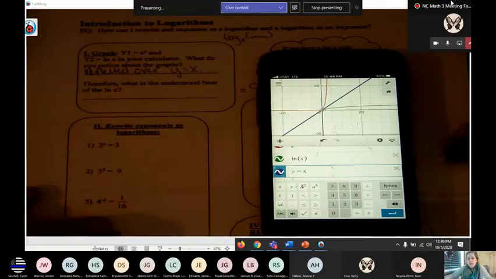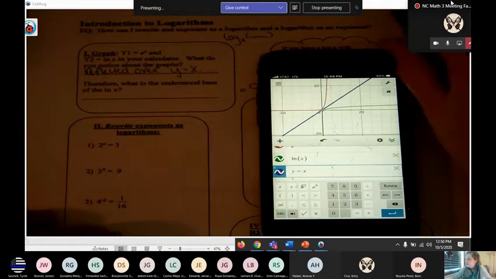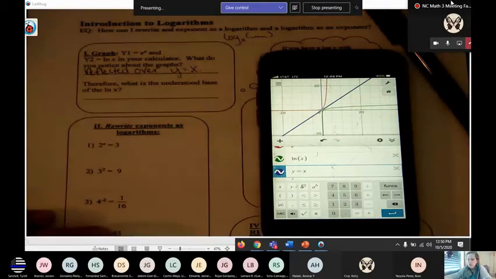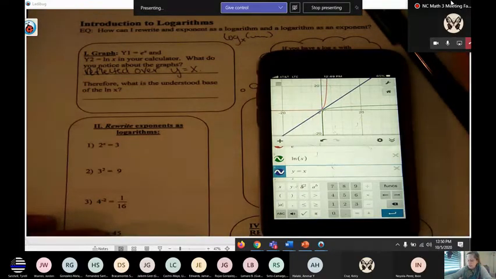Does anybody remember what that means about the two functions? When two functions are reflected over the line y equals x, they have a special relationship. What's that relationship? We talked about this in Unit 1.